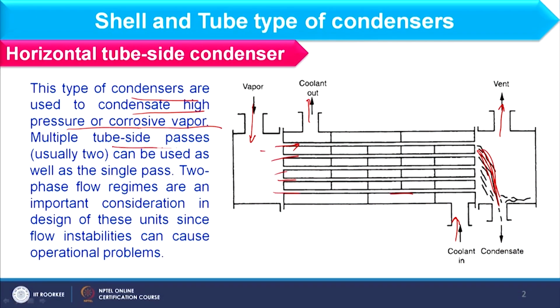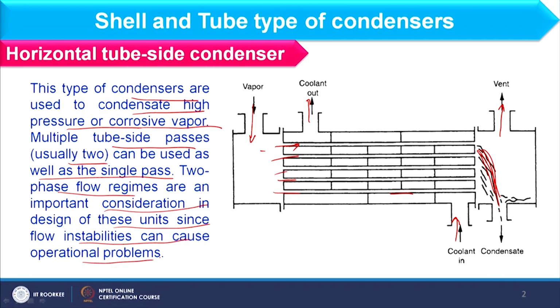Multiple tube side passes, usually 2, can be used as well as a single pass. Two phase flow regimes are an important consideration in the design of these units, since flow instability can cause operational problems.